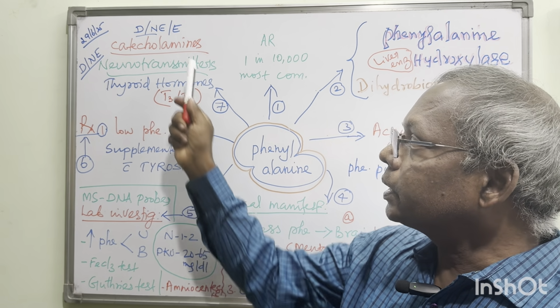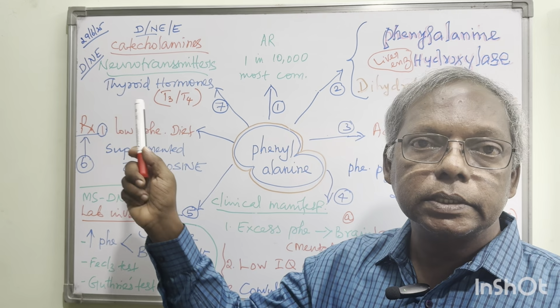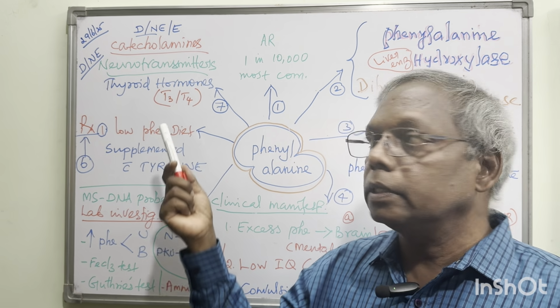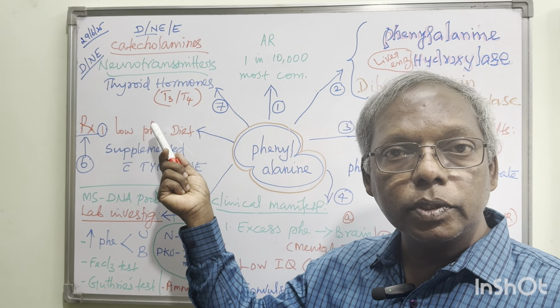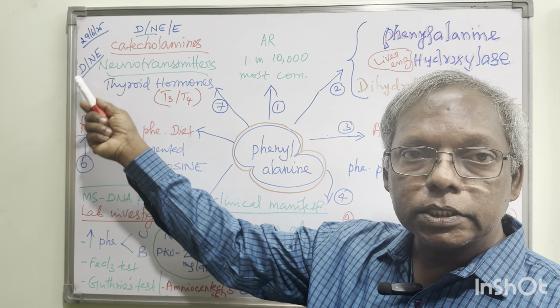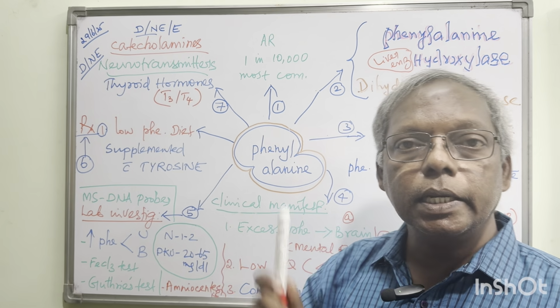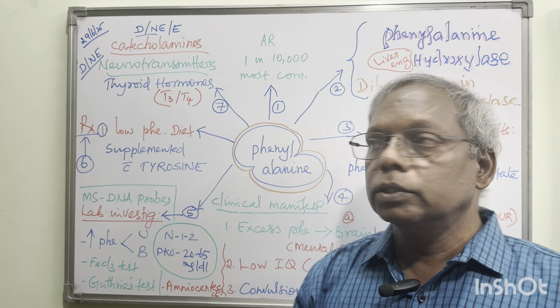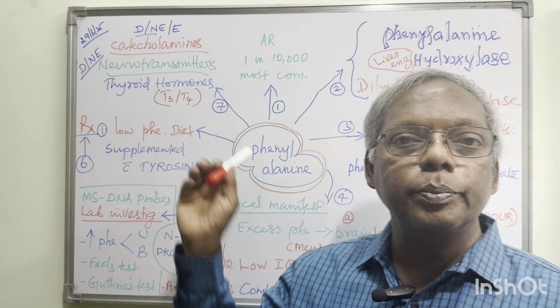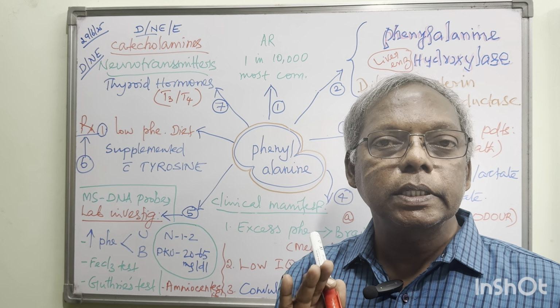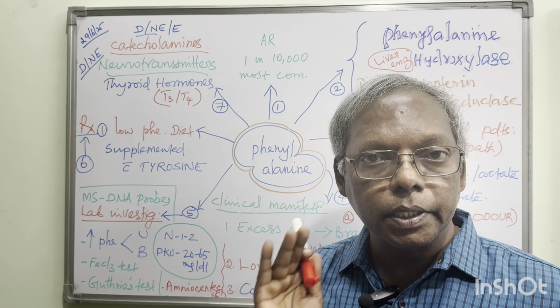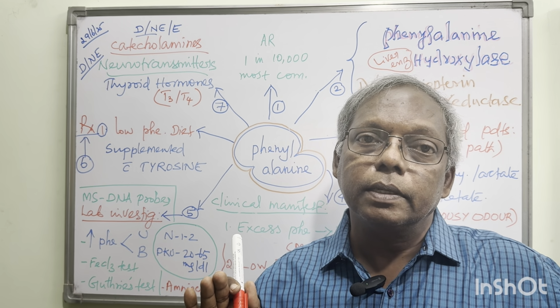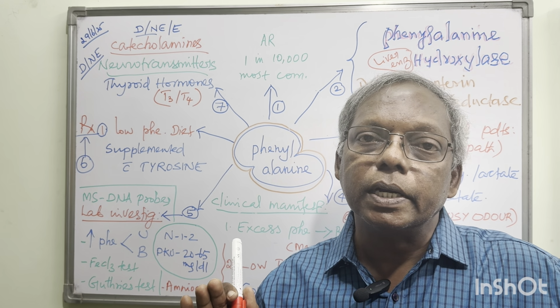So you should be cautious for these 3 disorders, or otherwise the patient will go for T3, T4 thyroid hormone deficiency, neurotransmitter deficiency and catecholamine deficiency. So these are all the 7 points for your descriptive answer on phenylketonuria after writing the first step of conversion of phenylalanine into tyrosine.